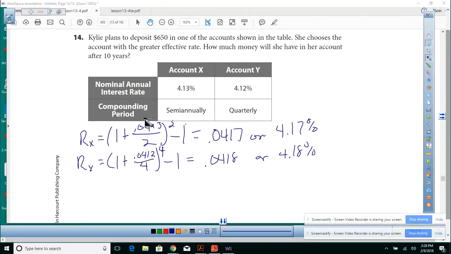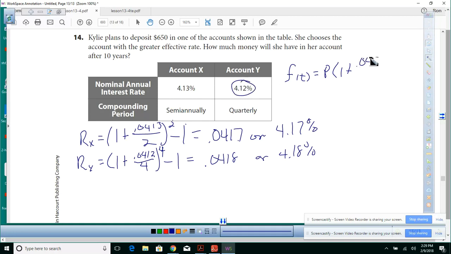So how much will it be worth after 10 years? We're going to go F of T equals the principal times 1 plus the nominal rate, 0.0412 over 4, and that's going to be 4T.